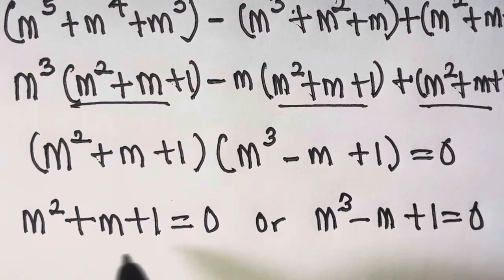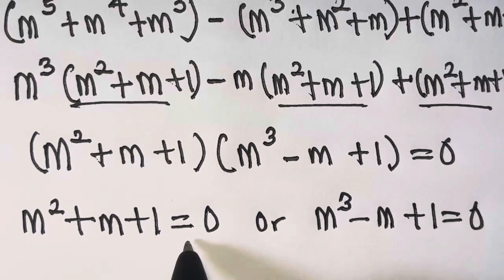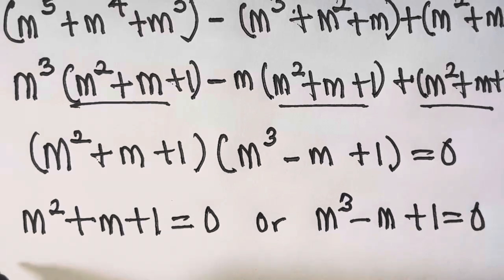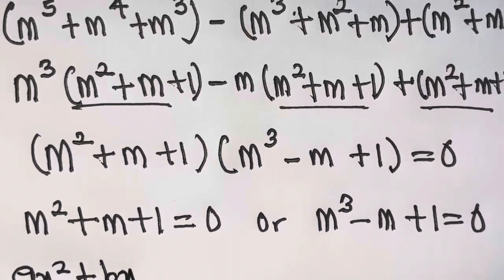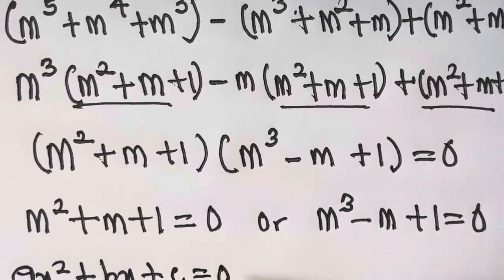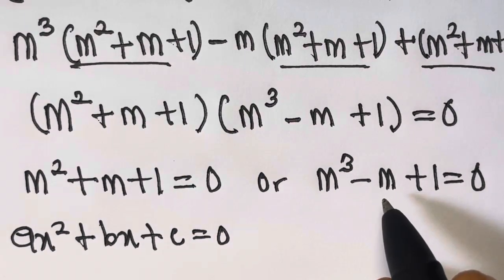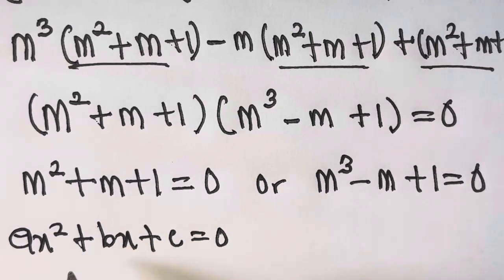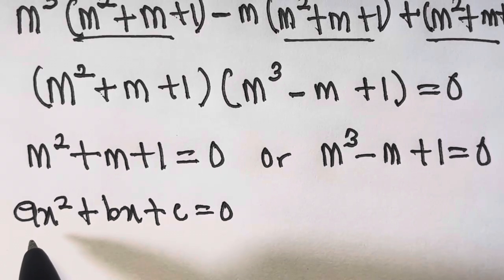So for the first equation, we see that this is a quadratic equation of the form ax squared plus bx plus c equals 0. Let's first deal with this one, then later we'll deal with this. So we have to solve this using the quadratic formula.